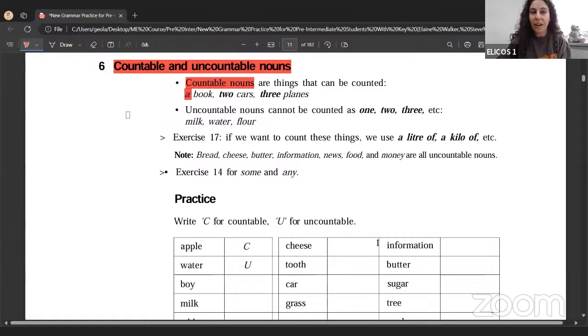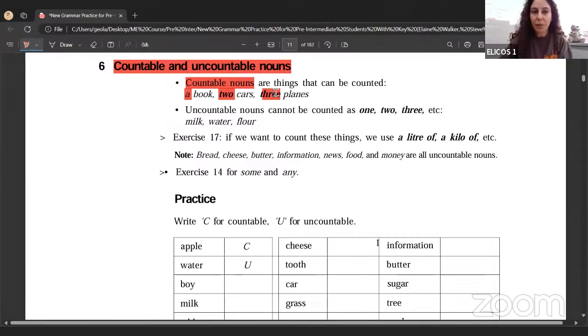If you always have one, you'll say a, because you always have to have an article before the noun. You can't just say, I have book. You have to say, I have a book, or I have 2 cars. I have 3 planes, you know? So that's how we talk about counting.